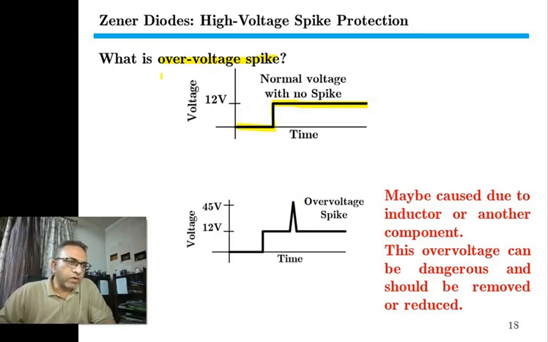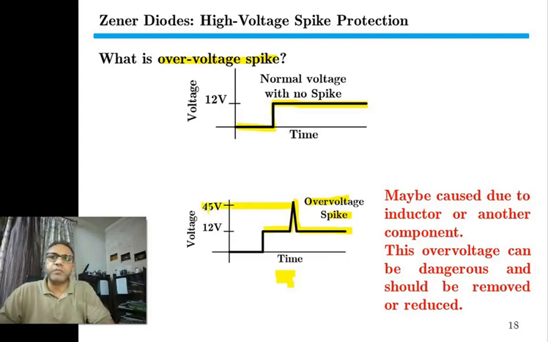Now, what is over voltage? Let us look at the second graph, with time on the x-axis and voltage on the y-axis. A voltage spike means that when we turn on the switch, during a short period of time, the voltage suddenly rises above its normal voltage to a large voltage. In this case, for example, I have given 45 volt. It might be even higher or less than 45 volt.